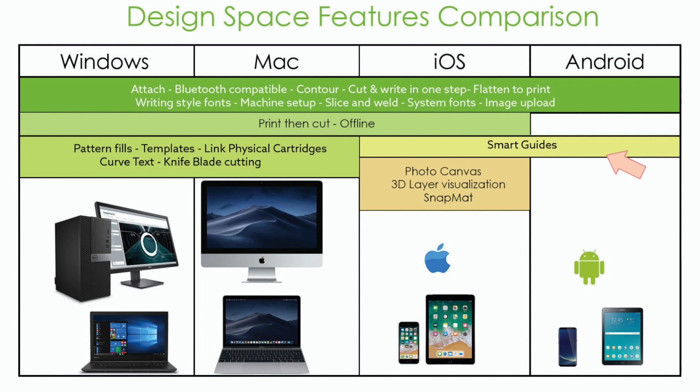Smart guides are only available in iOS and Android devices. Photo Canvas, 3D layer visualization, and Snap Mat are only available in iOS devices. Keep in mind that Cricut is always updating Design Space, so there are always new improvements.